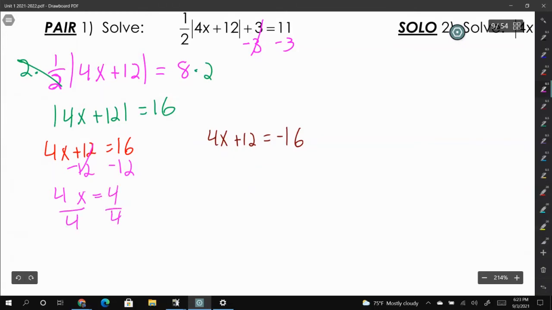And when we divide both sides by 4, x is equal to 1. Then over here, subtract 12 from both sides. 4x equals negative 28. And when we divide both sides by 4, we get x equals negative 7.